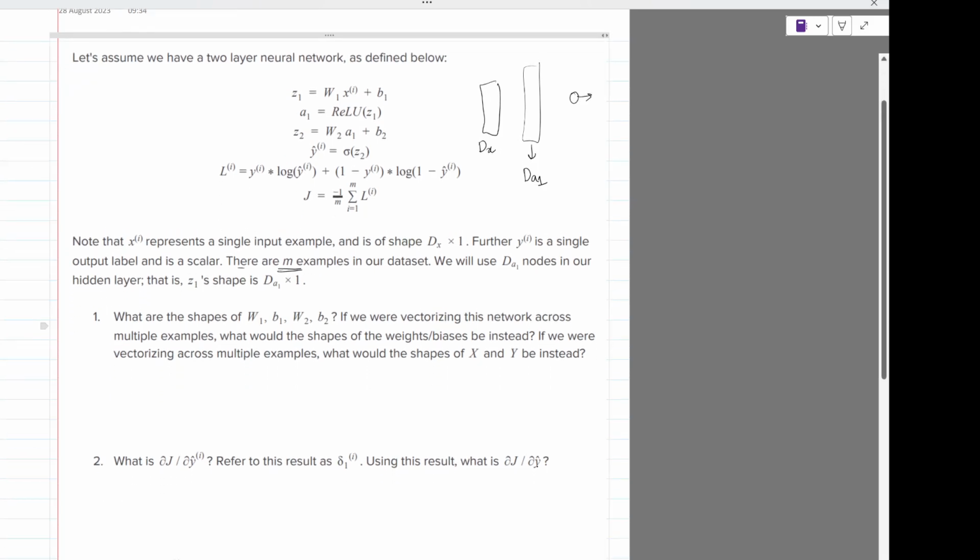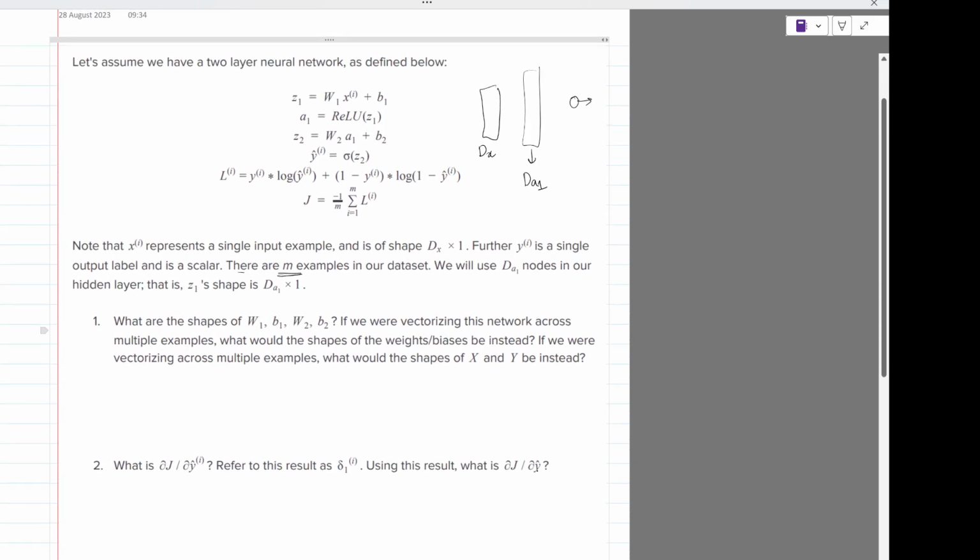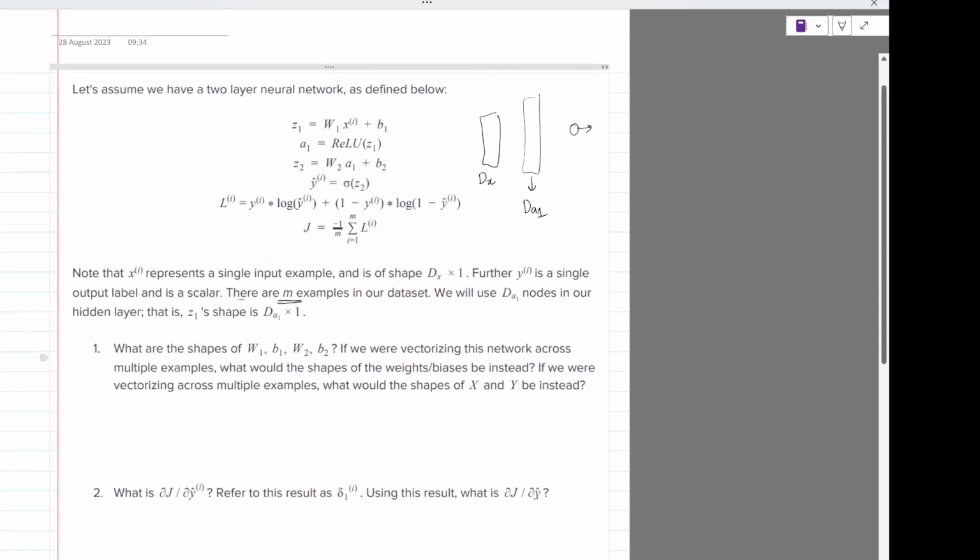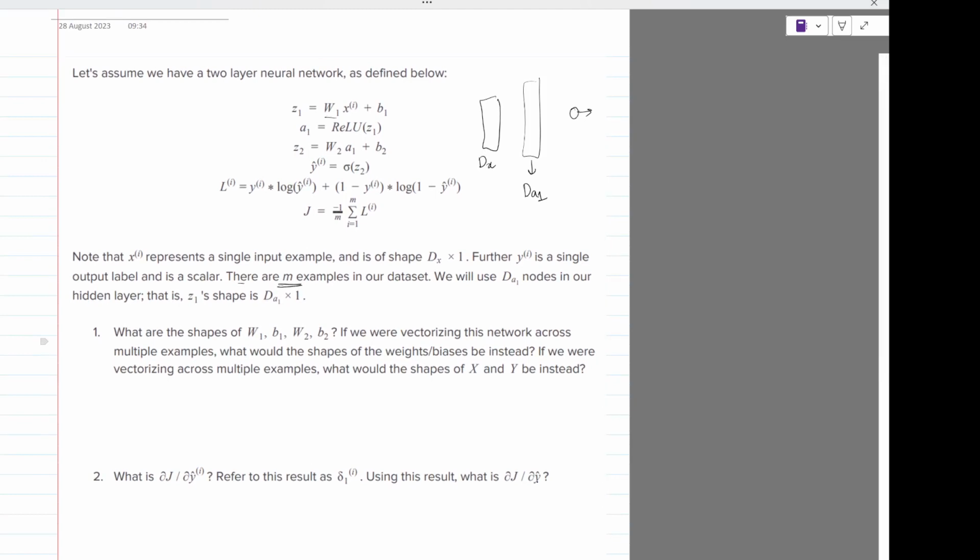What are the shapes of W1, B1, W2, B2? So what is the shape of this, and this, and this? A1 is the output vector of whatever is coming out of here. You have nodes here, and a scalar output for each node.